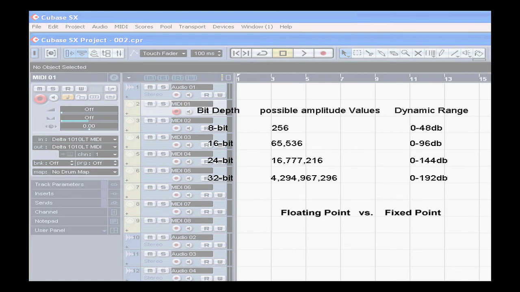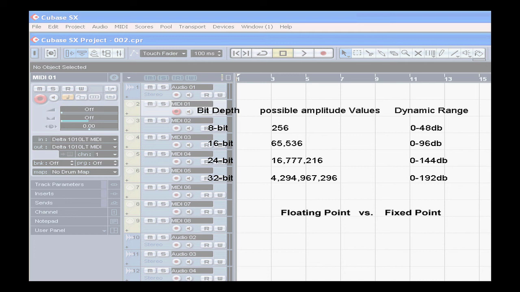One more note on bit depth. 16 and 24-bit files are represented with integer numbers, while 32-bit files are floating point numbers. To avoid getting too technical here, let me just say that a floating point number is one of many possible ways to represent a value with a small chunk of memory in your computer.